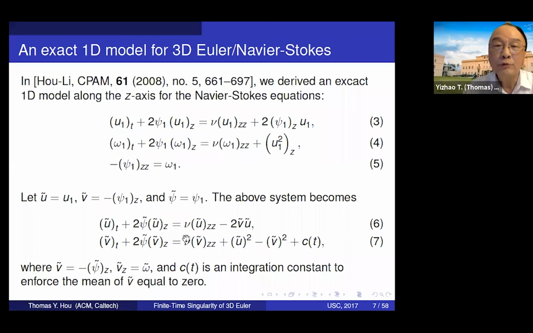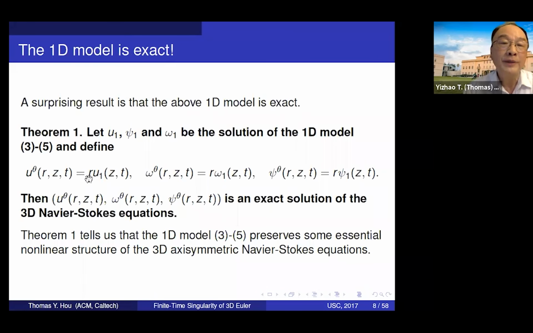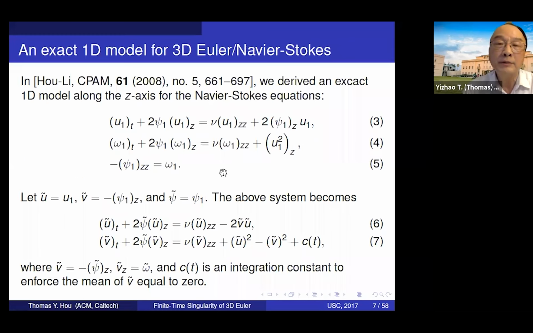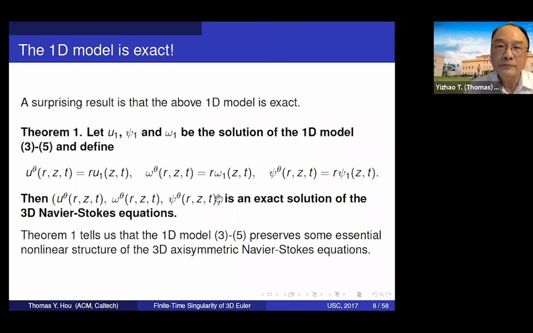So in some sense, although we drop the r derivative to derive this one-dimensional model, it is exact for this special class of initial data that has this separation of variables. Because if the initial data is r multiplied by a function of z, the same thing for omega theta, r multiplied by a function of z, then this will be exact. So in some sense, the 1D model captures the essential nonlinearity of the 3D Navier-Stokes equation at r to 0.